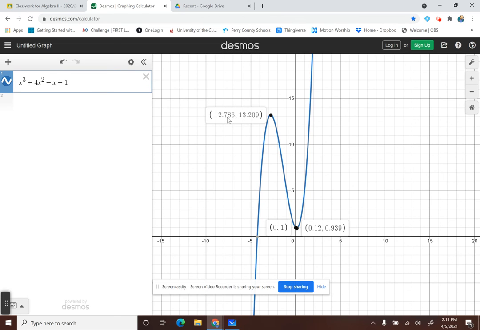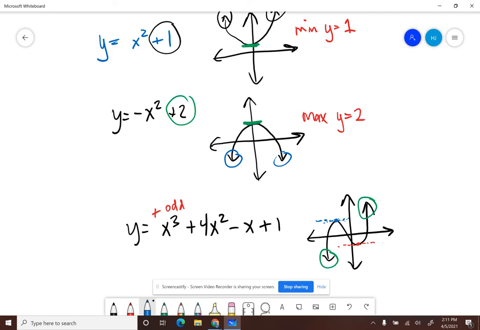You can round these to the nearest tenth. You don't have to go out as many decimal places as they have here. So for example, this would be negative 2.8 and 13.2.